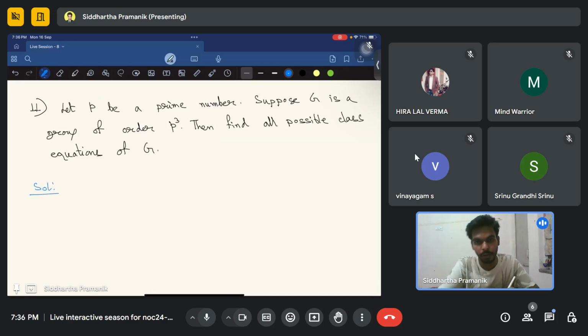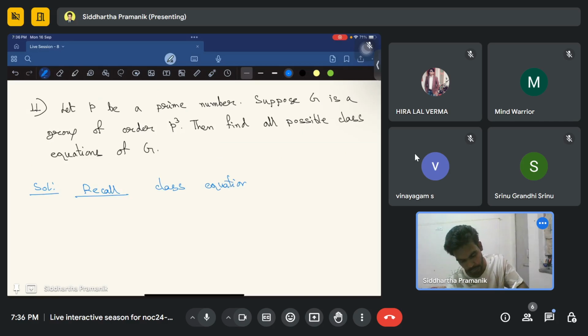So first of all, recall what is the class equation. One way to see it is that the class equation is basically the orbit decomposition when G acts on itself by conjugation.